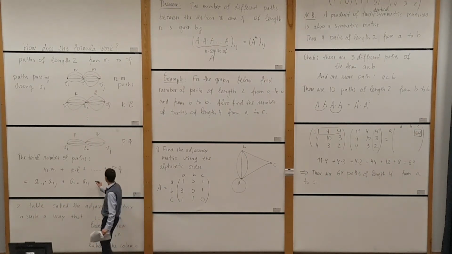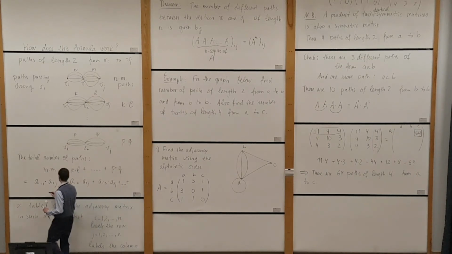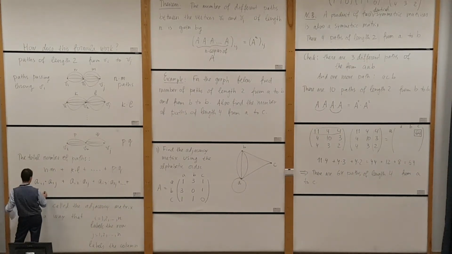Plus, for the paths going through vertex v3, I'll have a_i3 times a_3j, and so on, until I arrive at my final term, which I denoted as p times q, but in terms of the adjacency matrix, this is a_in times a_nj.